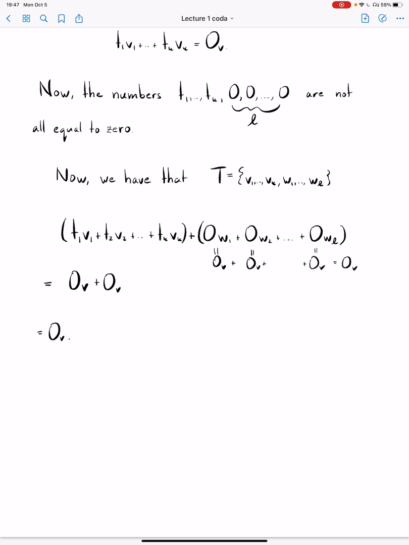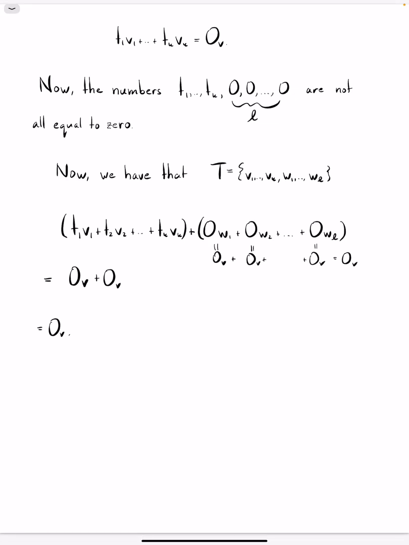Okay, so that is lecture 1, just knowing the definition of a vector space, as well as the definition of linear dependence and independence. These are really the first two concepts in the course.